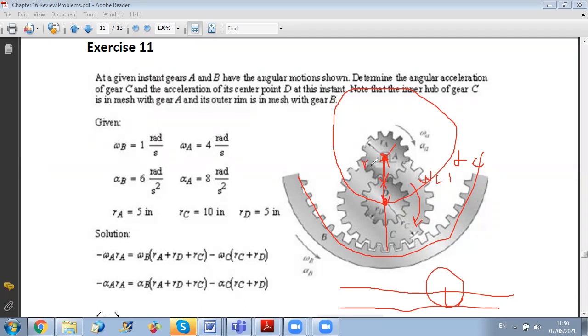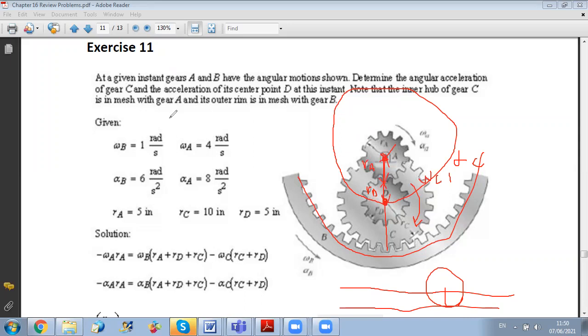So this is the path of motion of the center. So the center is doing rotation about a fixed axis. In this case, how can we write the expression of its acceleration?